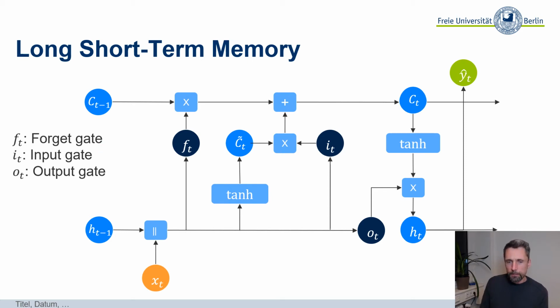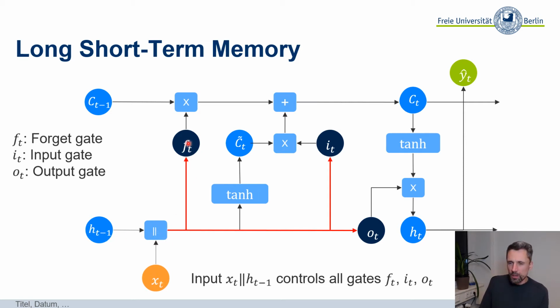Now, the input x and h t minus 1 are concatenated and control these three gates. One gate is called the forget gate, one the input gate, and one the output gate, and we'll look at exactly what these do and why they are called that.